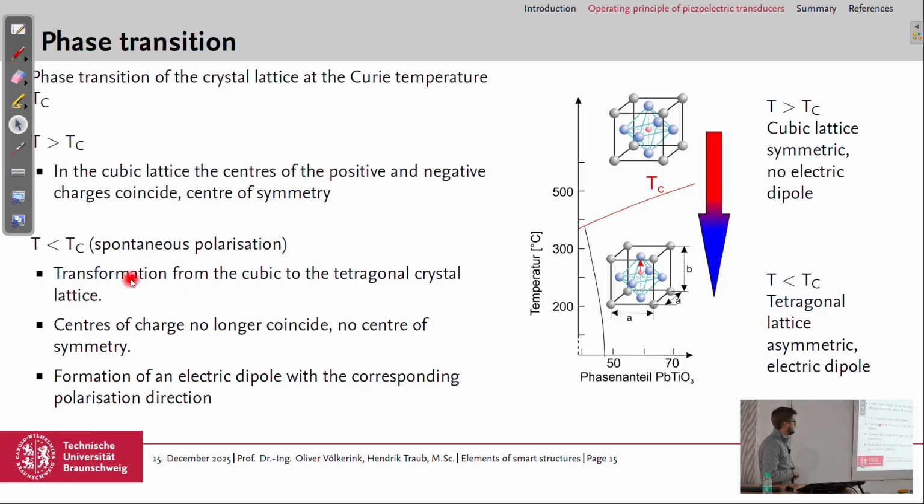As I mentioned on the last slide, the cubic lattice transforms, if we are above the morphotropic boundary, to the tetragonal crystal lattice. Here you can see that this atom in the middle moves up a bit and is no longer the center of symmetry of the crystal. With that, we form an electric dipole with the corresponding polarization direction, in the direction where the element moves.